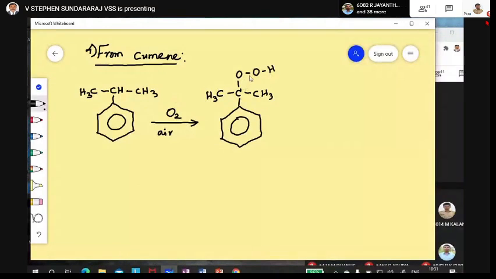This is a peroxide, so the name of this compound is cumene hydroperoxide. Write down cumene hydroperoxide.